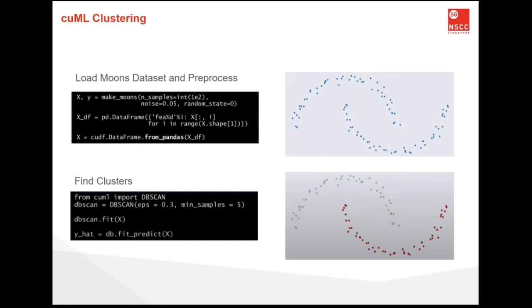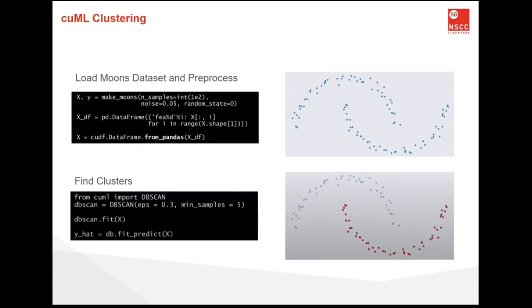Let's take a look at an example of clustering. It's a pretty straightforward and simple scikit-learn interface. Firstly, we just load the moons dataset by creating random samples and put them in a pandas data frame.